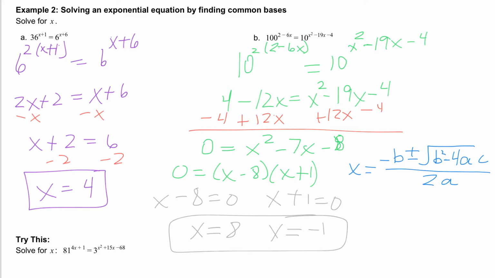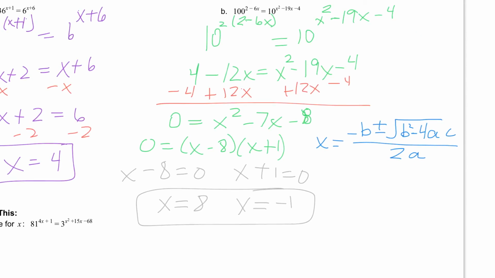Now if we continue on with the quadratic formula, which also will work, you would get x equals the opposite of b. B is the number in front of your x, so the opposite of negative 7 would be positive 7, plus or minus the square root of b squared. Again, b is negative 7, so b squared would be 49.